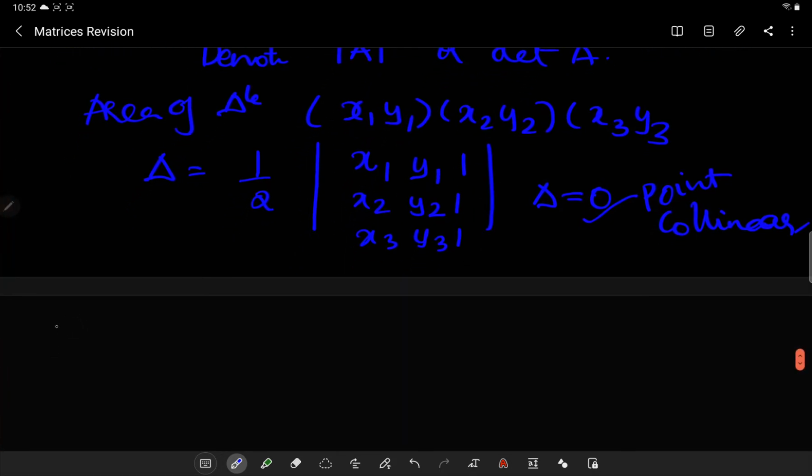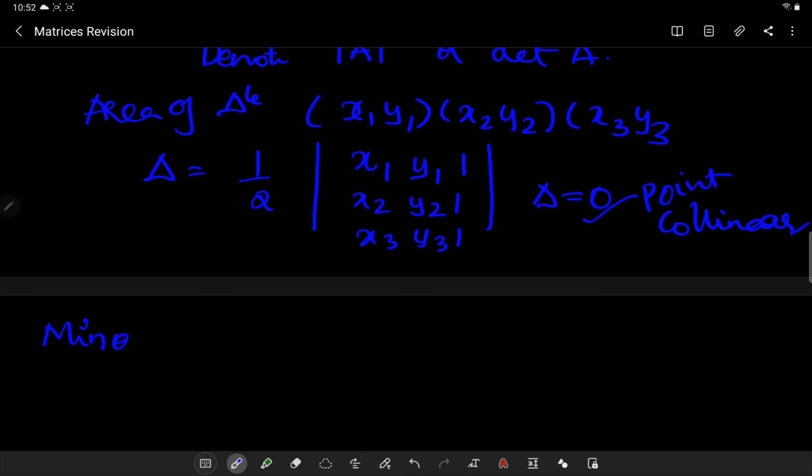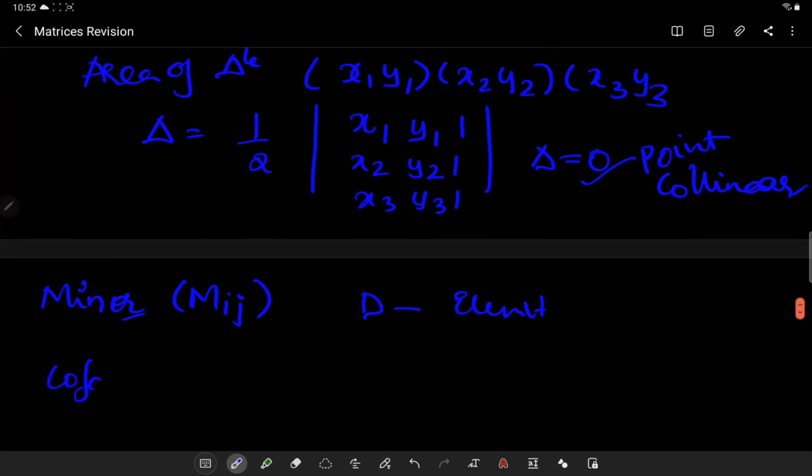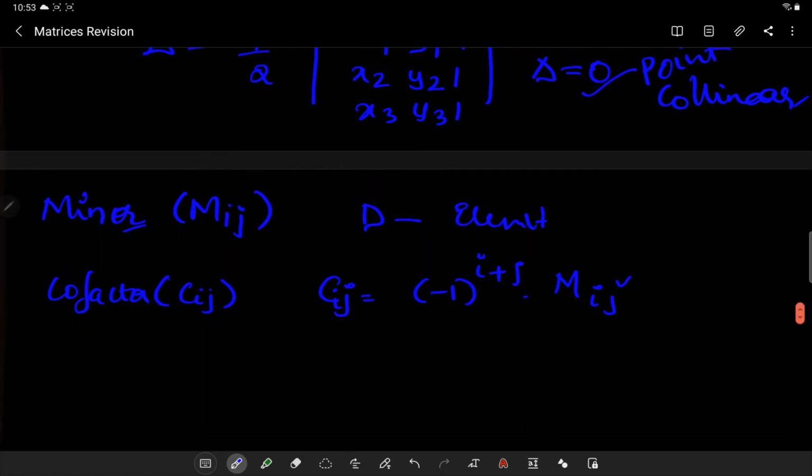Next, in these determinants, minors or Mij are the determinants corresponding to the elements. Now how to calculate the cofactors? Many times in exams they are asking the cofactors also. So the cofactor Cij will be minus 1 power i plus j into Mij.